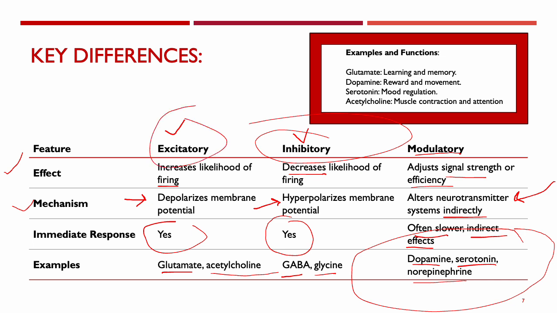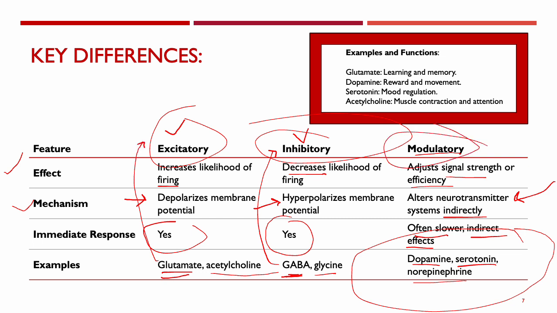Why we primarily consider them modulatory neurotransmitters is because, first, they belong to the monoamine group, and they act largely through something called G protein coupled receptors, rather than directly opening ion channels like classical excitatory neurotransmitters like glutamate do, or inhibitory ones like GABA. So these are more specifically inhibitory with direct effects.